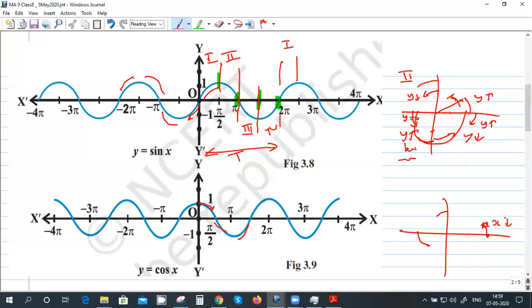This is decreasing in the third quadrant. And after it reaches here, again it increases on the positive side. So we have reached 2 pi. This much is one period. After that, it's a repetition. Similarly on the negative side, we go in this direction. Cos will decrease, and still positive.